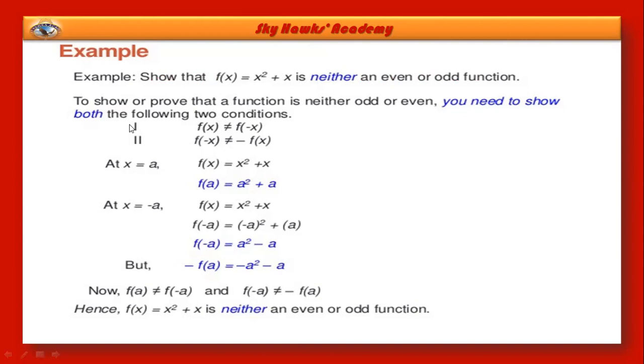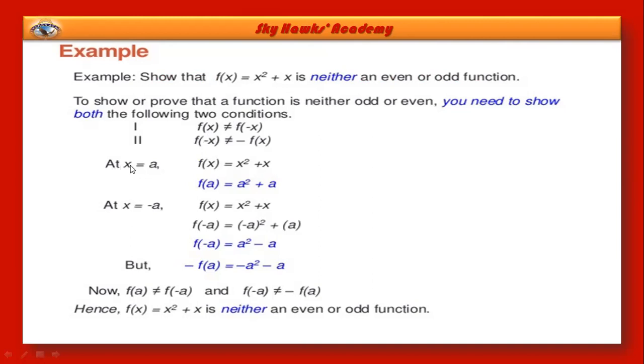First, that f(x) is not equal to f(-x), which is the even function definition. And the second is that you will have to show that it is not the negative of the function at negative x. These are the two conditions, so you will have to check both of these.